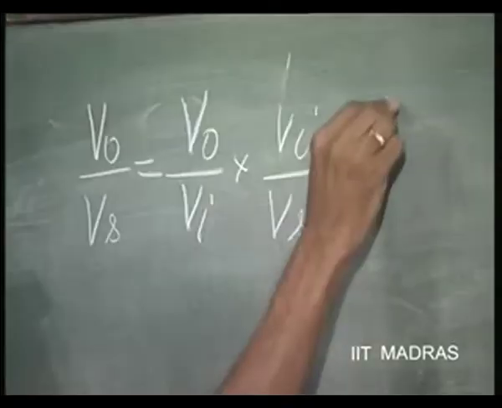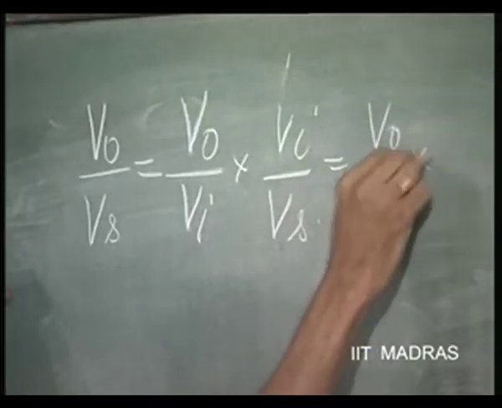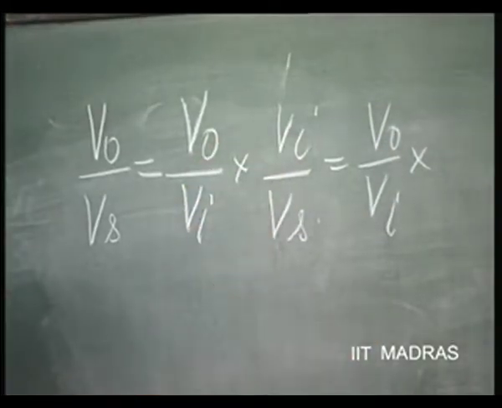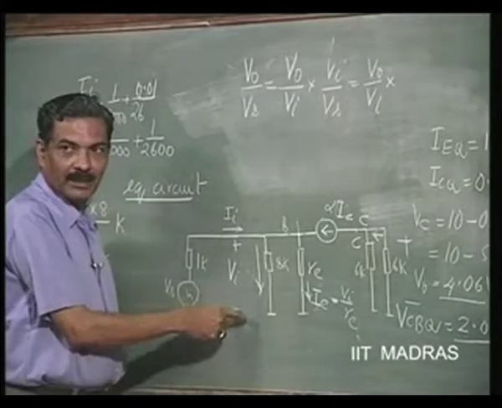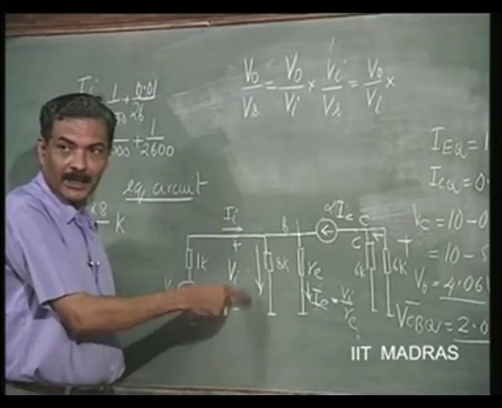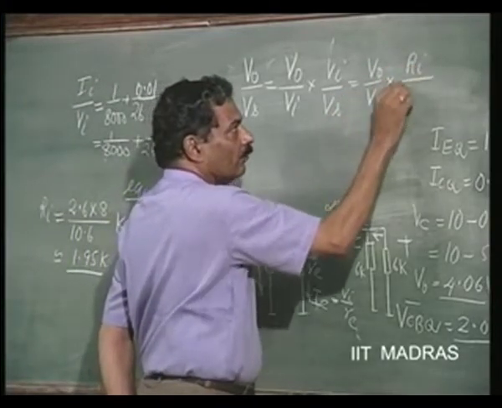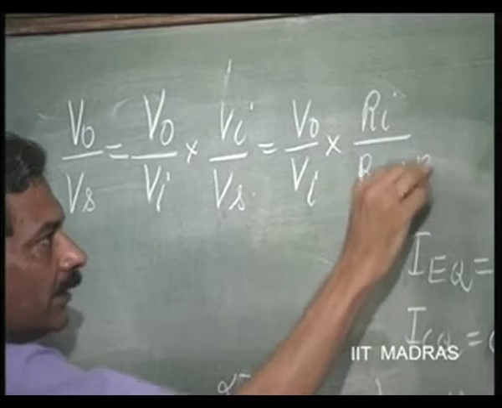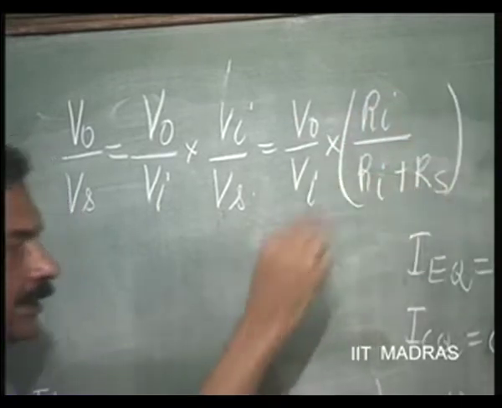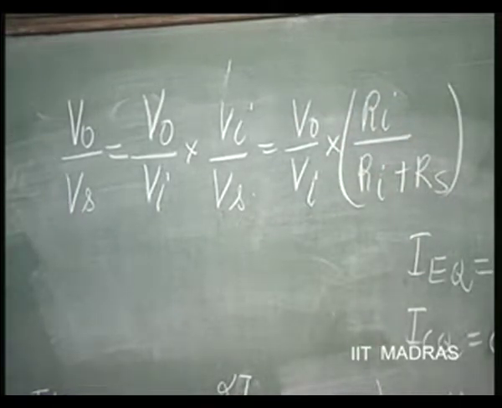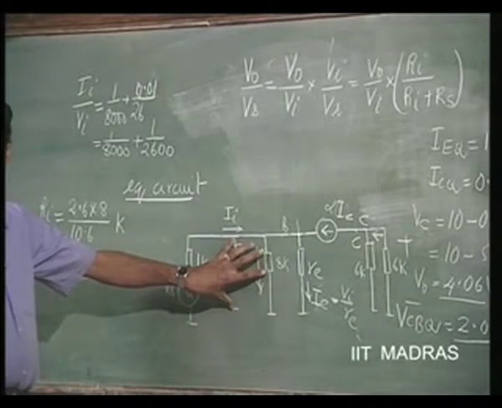This is V naught by V I into, what is V I by V s? If this is Ri, then Ri by Ri plus Rs, potential divider action, because this is Ri, we have replaced it by an equivalent input resistance.